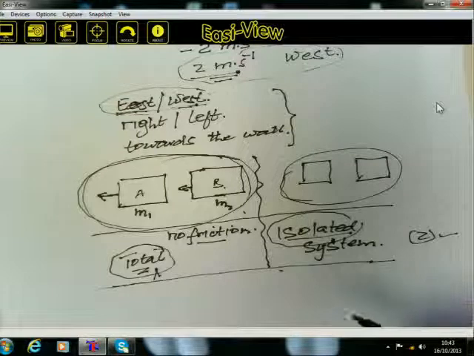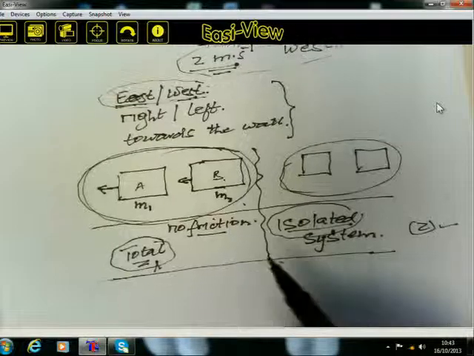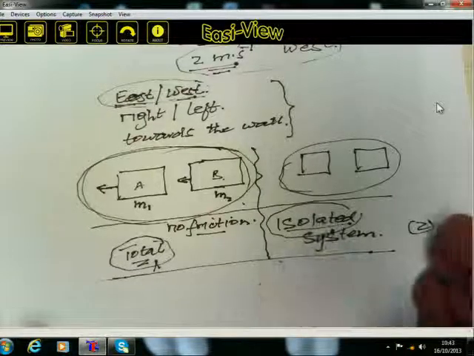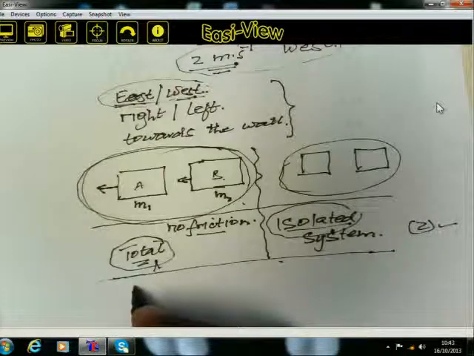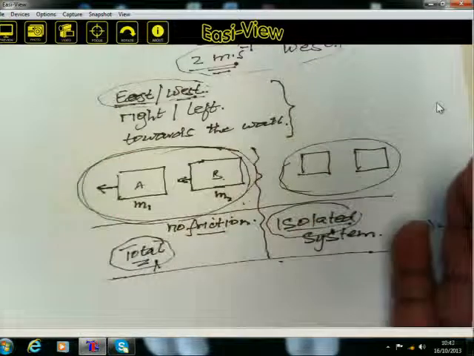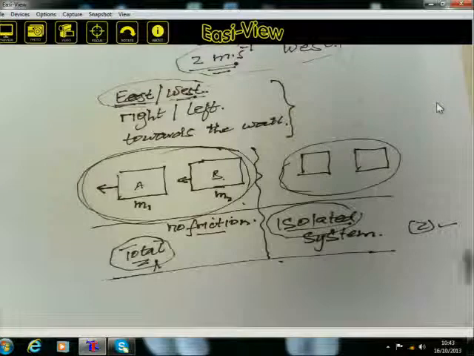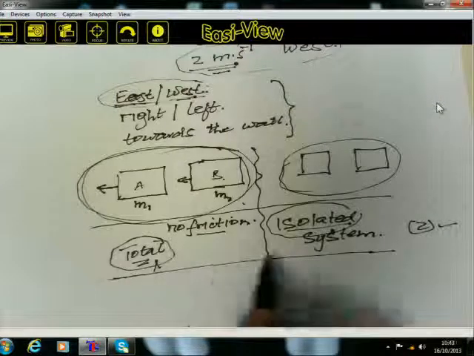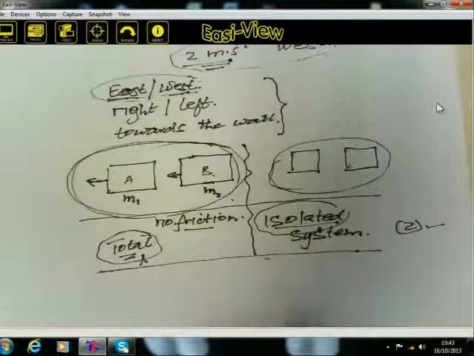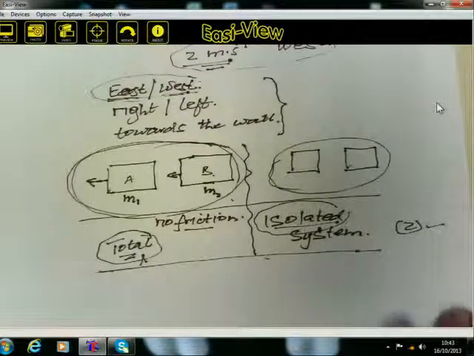In this manner, you will find that in most of the questions that come, not only in momentum, the first question will ask you, for example, state the law of conservation of momentum. That question requires you to state the law. The second question will want you to be able to apply the law that you have stated.